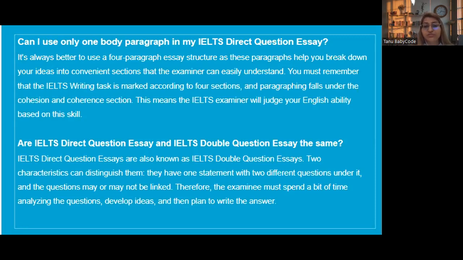Now next, what students ask is whether direct question and double question essay mean the same. Yes, direct question essay is also known as double question essay. Two characteristics which distinguish them are that they have one statement with two different questions under it, and the questions may or may not be linked, right?